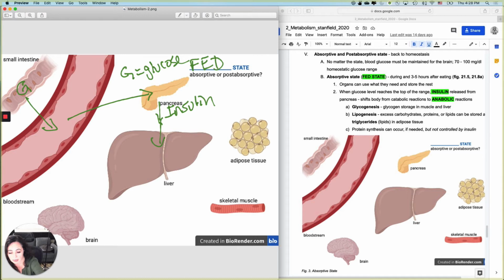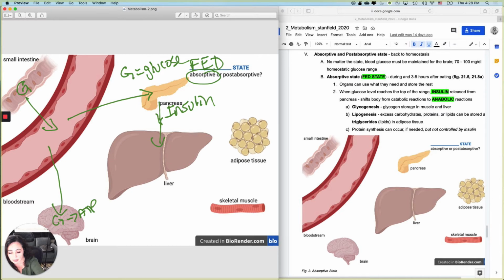But let's focus on a few other places that glucose is going to go during the fed or absorptive state. The other places that glucose is going to go is, of course, the brain. And the brain is going to use glucose ultimately to make ATP via that process called cellular respiration.